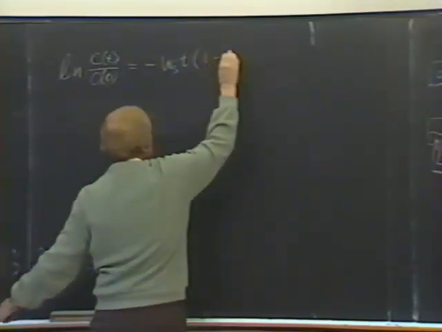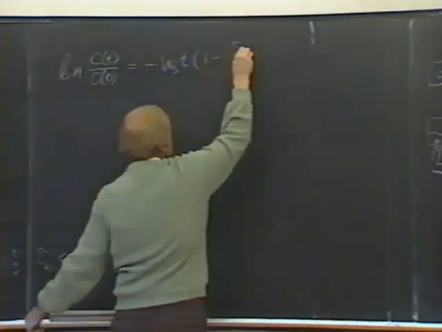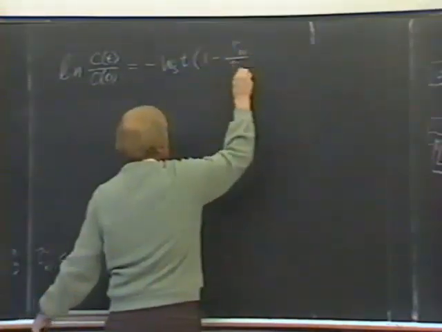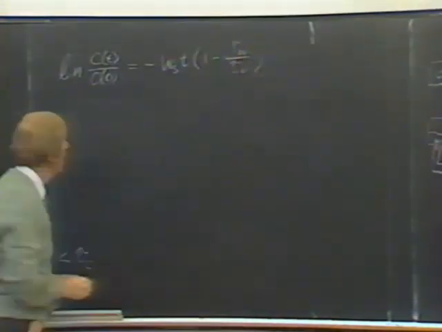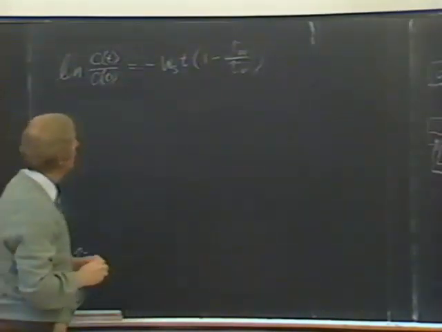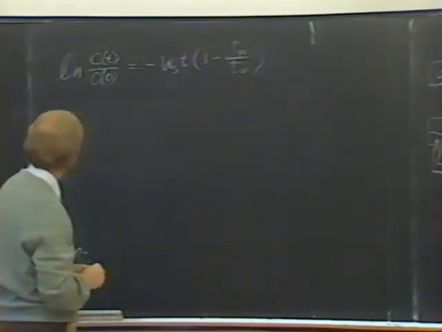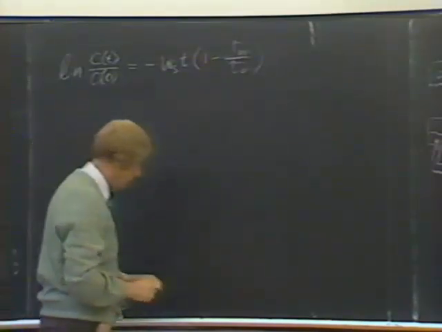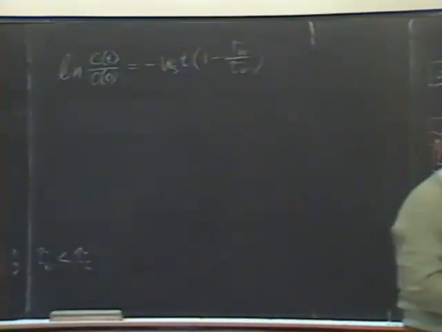Did I understand you correctly that D is the depth? Yes, D. Is that tau C in the last equation? Critical.